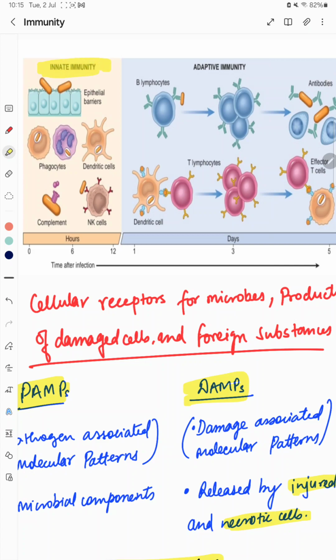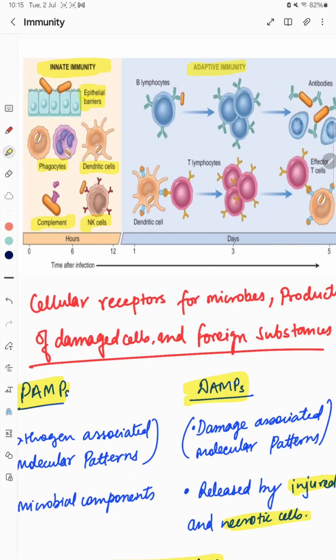So in innate immunity, as we have discussed, epithelial barriers prevent entry of the pathogen by various mechanisms, and there are phagocytes, dendritic cells, complement and NK cells. These are part of innate immunity, which is present from birth, also known as non-specific and native immunity.